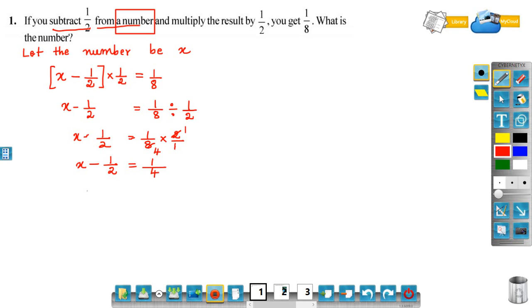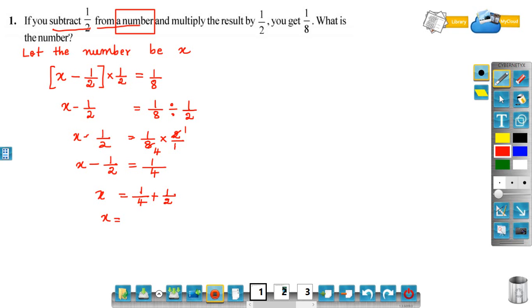Minus half becomes plus half. So x is equal to 1 by 4 plus half. Here denominators are not equal. We have to make the denominators equal, then we have to add.